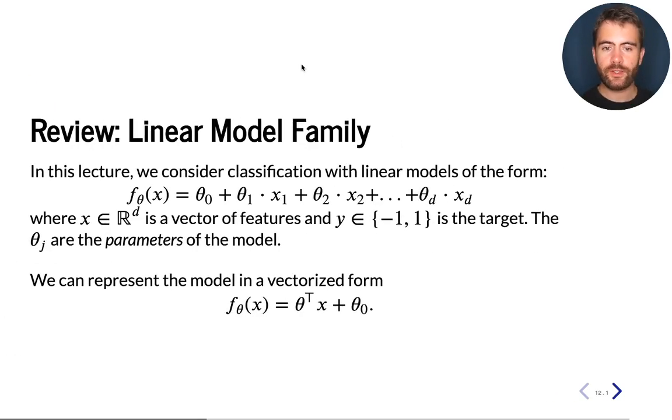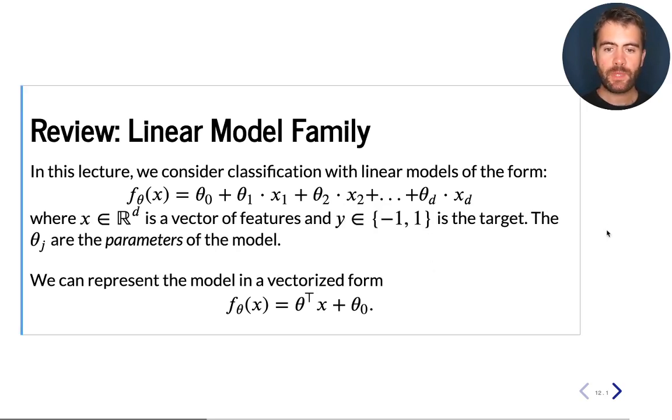Now, recall again that we are in the setting of binary classification and we are working with linear models of the following form. Here we have our target variable y, which is either -1 or +1, and our model is linear, and it has a vector of parameters theta and a bias term theta naught.